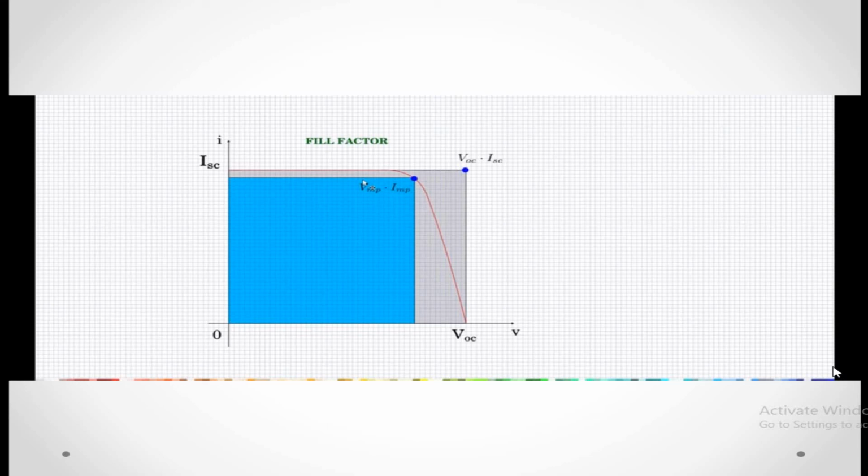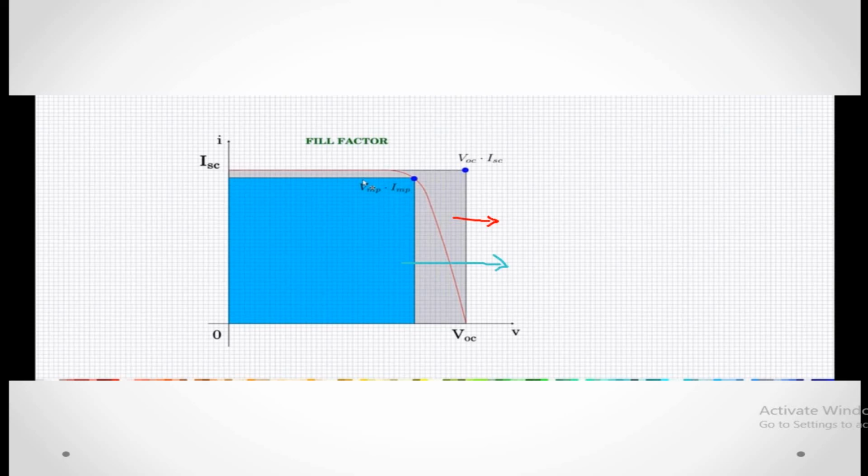Here you can see the practical value and theoretical value. The theoretical value is in gray color, and this is the practical value, the blue color one.